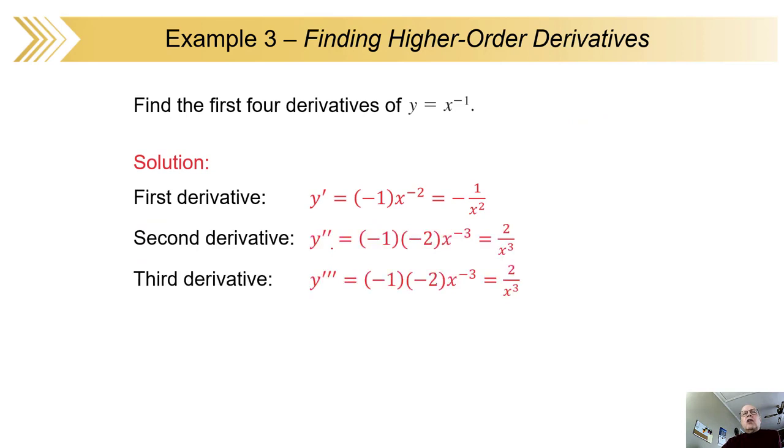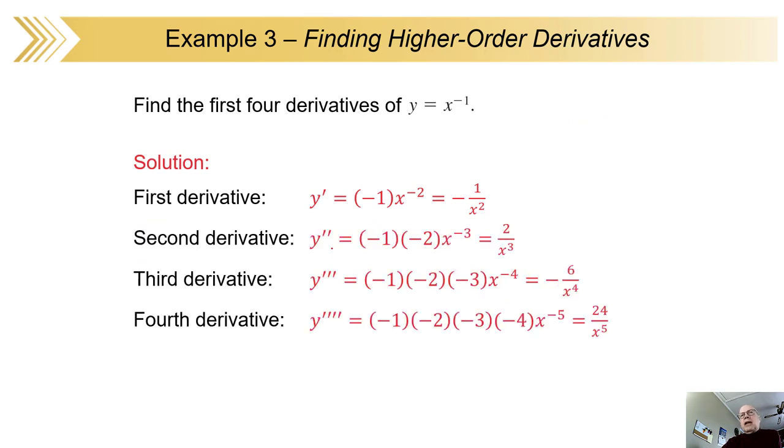Of course, we can rewrite each one of those. Notice that the coefficient out front, first you have a 1, then a 1 times 2, 1 times 2 times 3, 1 times 2 times 3 times 4, and so on.